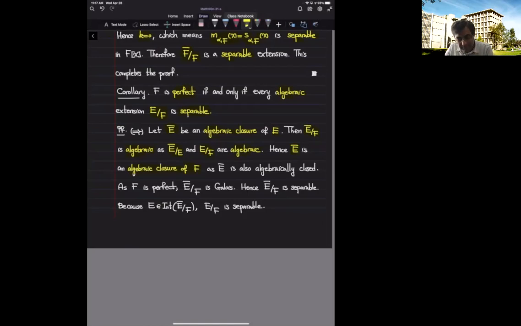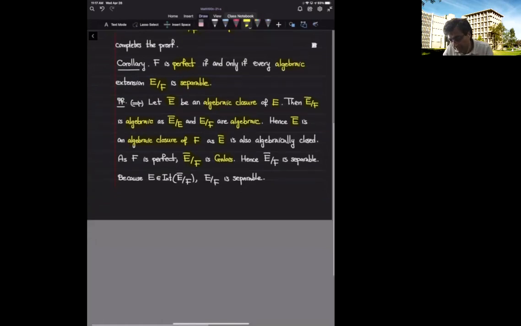F is a perfect field. Therefore, E bar over F is a Galois extension, because we showed that when F is a perfect field, then the algebraic closure of the base field over F is a Galois extension.